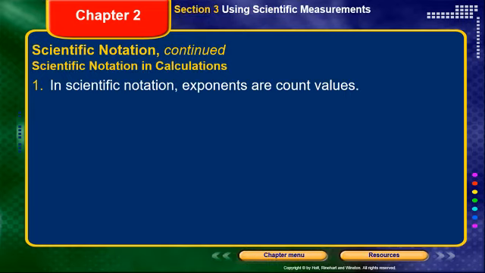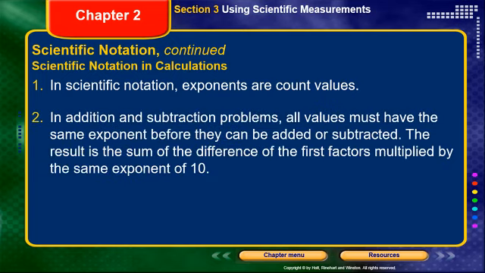When we're using scientific notation in calculation, we have a few rules to follow. In scientific notation, exponents are count values, so when you look at the exponents, you don't consider significant figures. In addition and subtraction problems, all values must have the same exponent before they are added or subtracted.